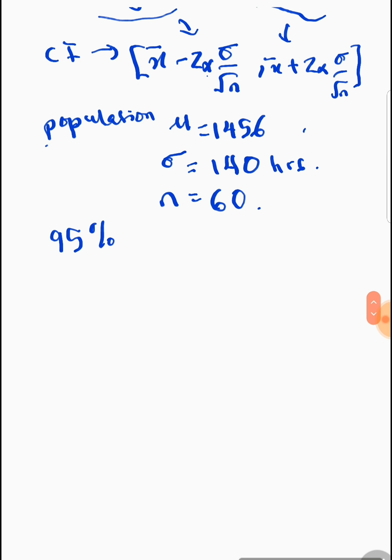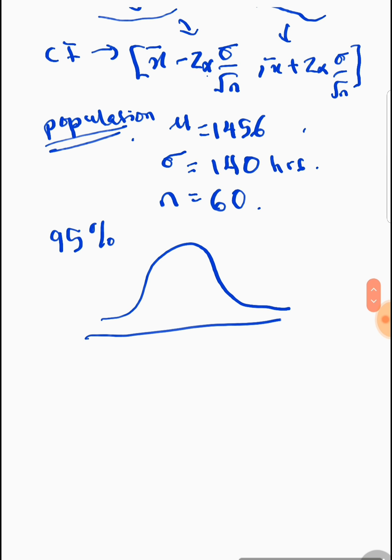Remember, things that are related to population usually will go back to the normal distribution. All right, so of course, remember it's always a range because we're talking about a 95% confidence interval. I'm just redrawing what the normal distribution looks like. This is my mean here, which is 1456. All right, we're talking about a range, isn't it? So therefore it will be what we call this side here.